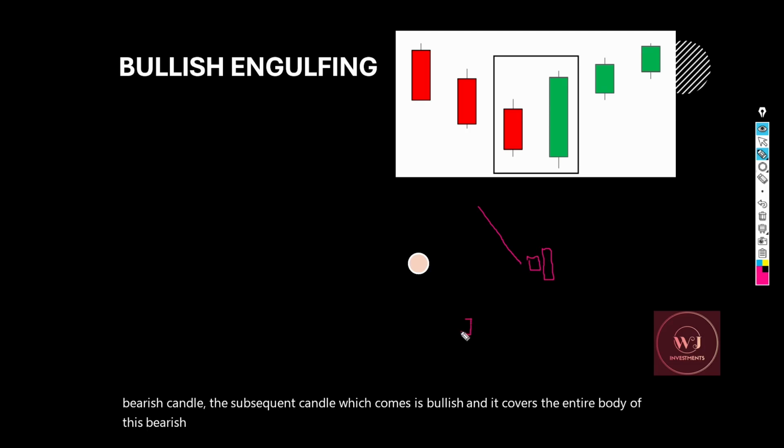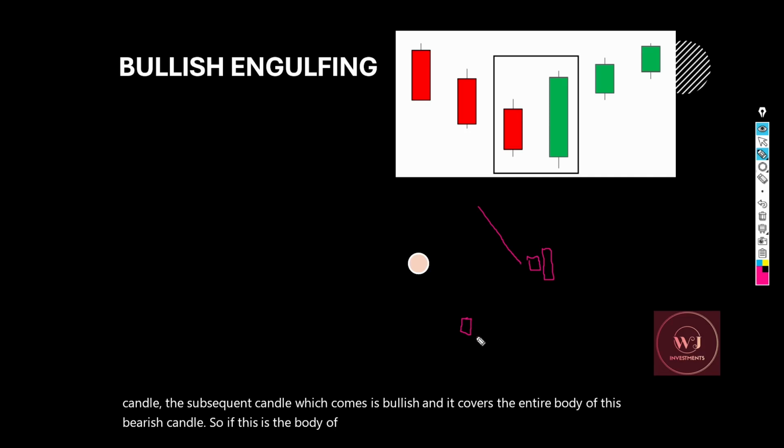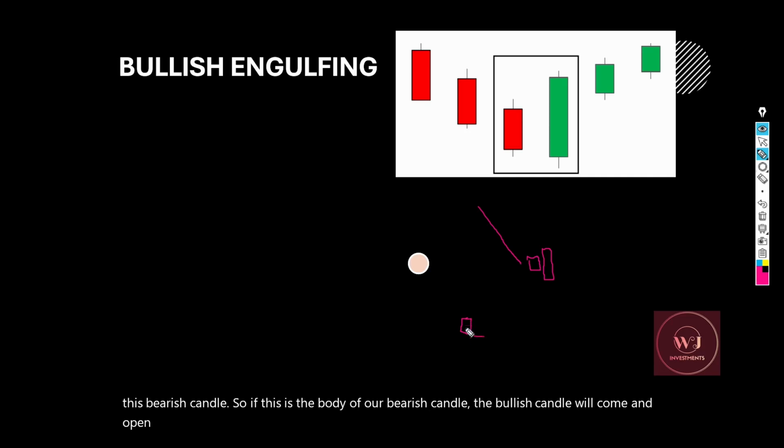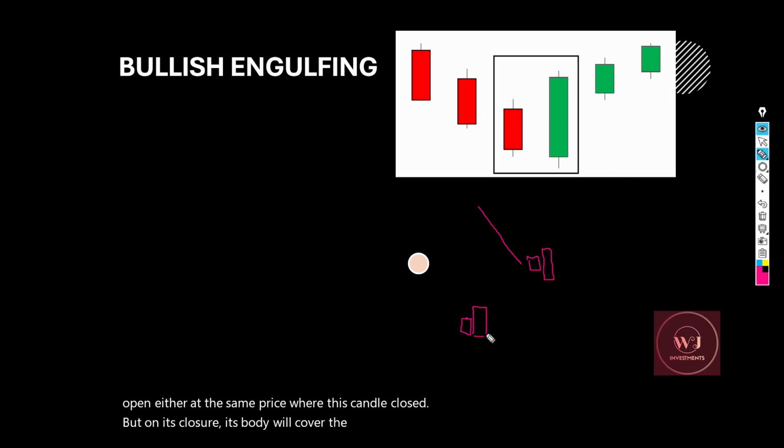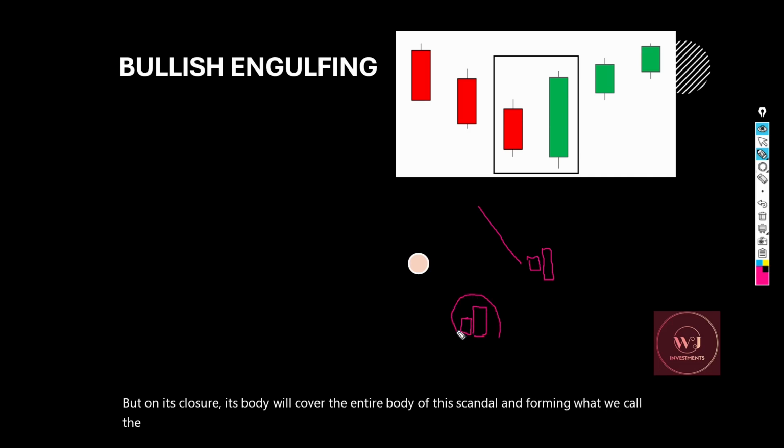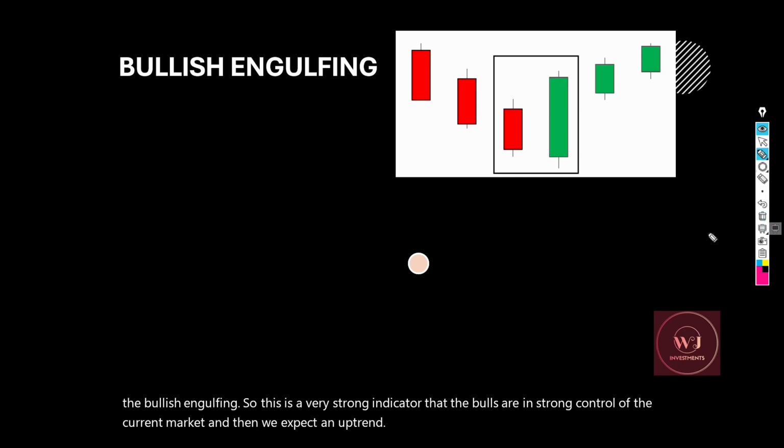So if this is the body of our bearish candle, the bullish candle will come and open either at the same price where this candle closed, but on its closure, its body will cover the entire body of this candle, forming what we call the bullish engulfing. So this is a very strong indicator that the bulls are in strong control of the current market, and then we expect an uptrend. Okay.